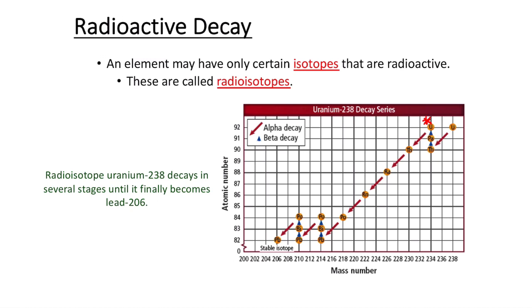This is still unstable, so it undergoes 5 stages of alpha decay, so 1, 2, 3, 4, 5, to form lead-214. So that's right here. It then undergoes 2 more beta decays and 1 more alpha decay, getting us to lead-206, which is the stable isotope.